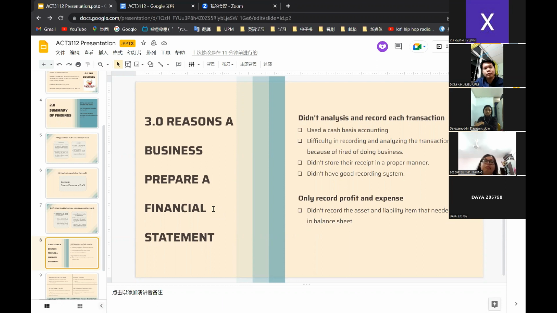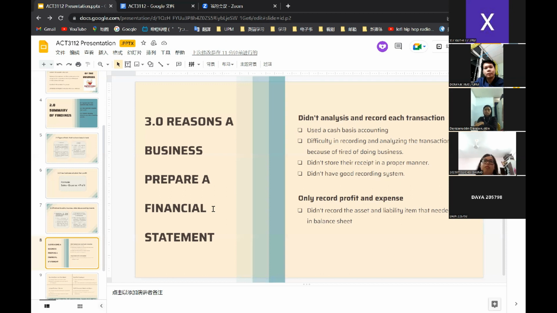Besides that, they also did not store their receipts in a proper way. It caused them to be unable to record all the expenses that occurred in the business, which makes the business overstate its profit. They also didn't have a good system to record all transactions, which made them face difficulty doing the financial statement correctly.